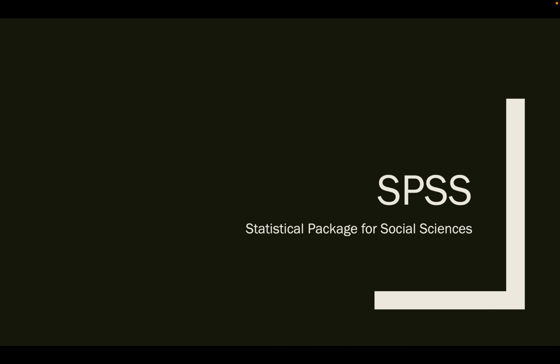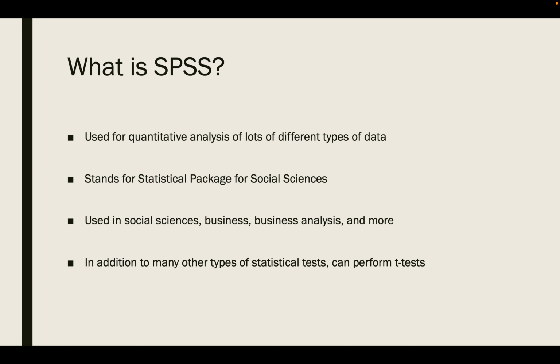Now that we are good with t-tests, we all understand what they mean, how they work, what they're used for, and we saw a couple of in-depth examples about them, I want to move on to SPSS, and that's the other part of this lecture that we're going to do. So SPSS in general is a software package used for quantitative analysis of a lot of different types of data.